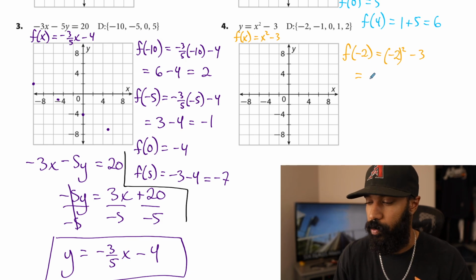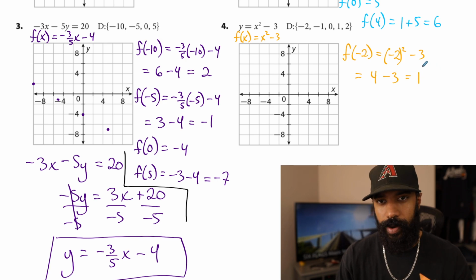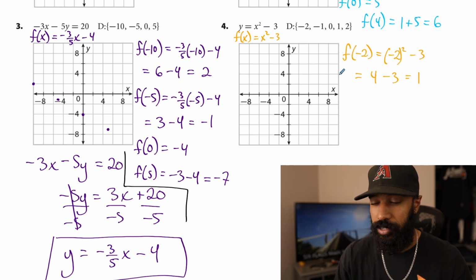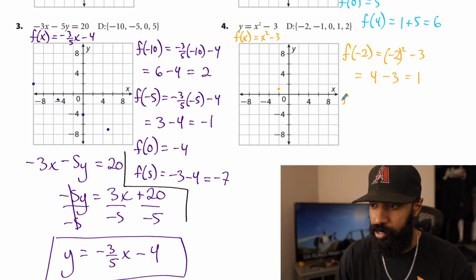Negative 2, quantity squared is positive 4. 4 minus 3 gives me 1. That's a correct answer. The answer of negative 7, if you get that, is going to be a mistake. It's something that you want to avoid letting happen. If we want this quadratic to work out as planned, then we got to make sure that we write this out correctly. Negative 2 comma 1 is the coordinate pair, again, for this domain. To start off, it looks like we have 5 points this time.